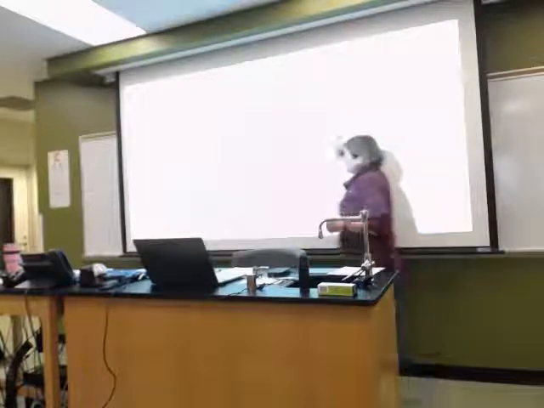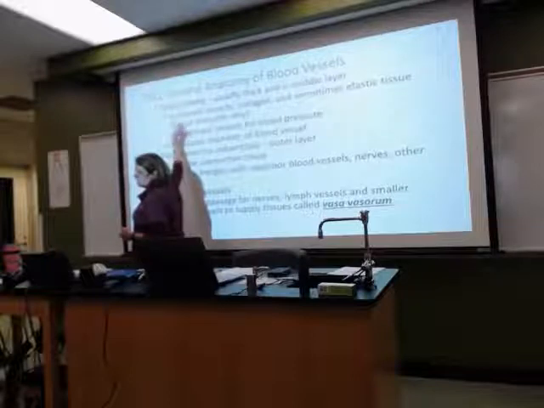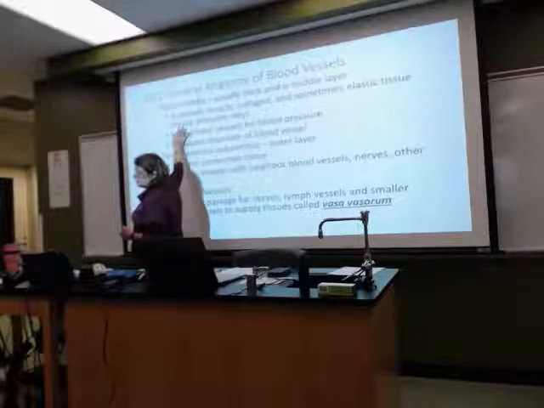So when I'm looking at that blood vessel, if I'm looking at arteries, which are extremely thick, veins, which are not quite as thick, the majority of the thickness is the middle layer. Now, the middle layer is smooth muscle.